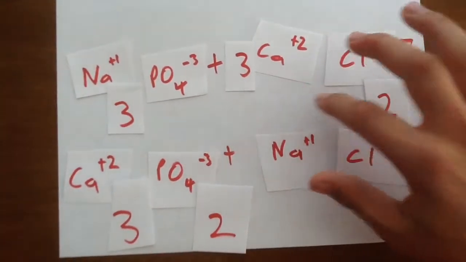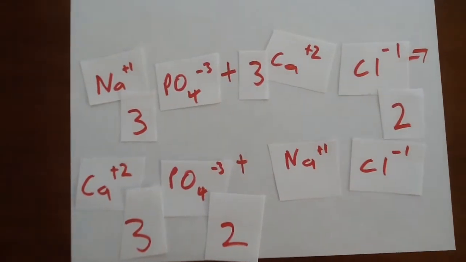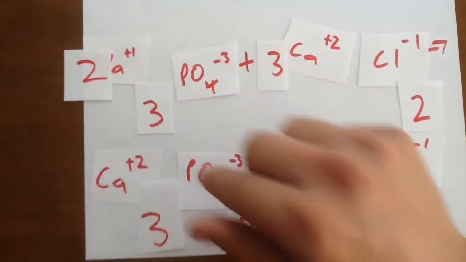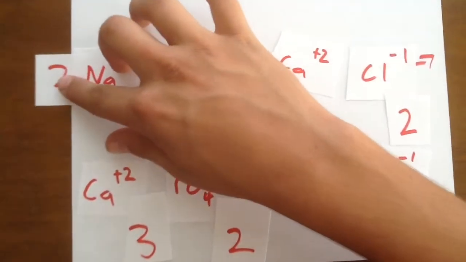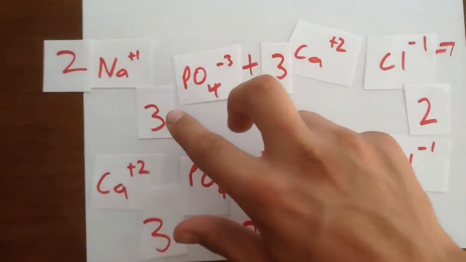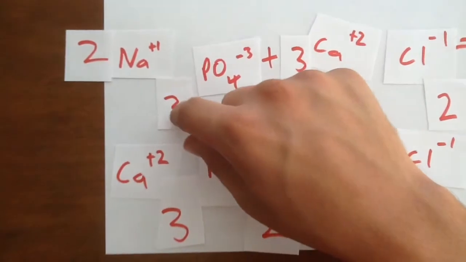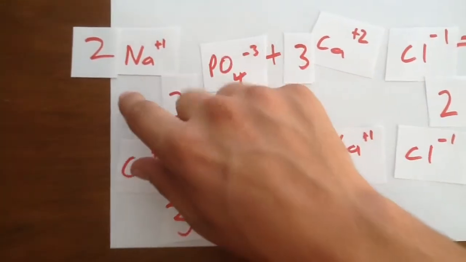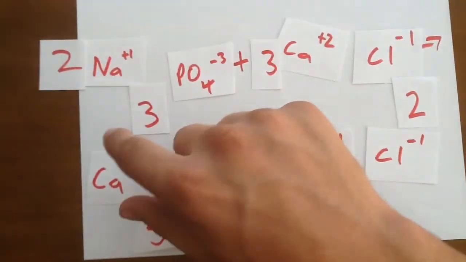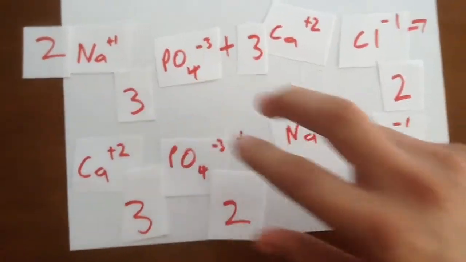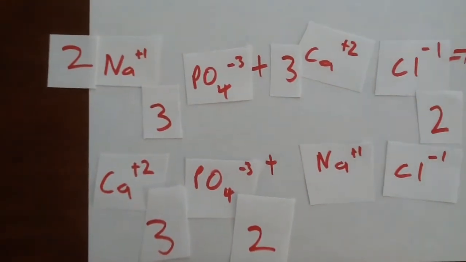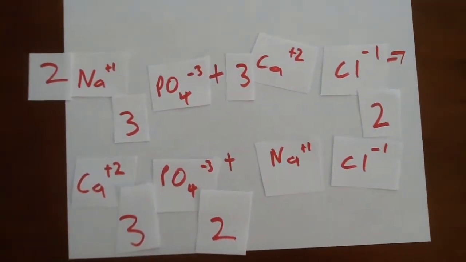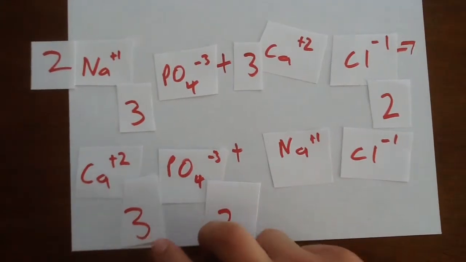So you just have three total of calcium, and then you do the same thing with sodium phosphate, because sodium phosphate is already balanced because it's 3 times 1 plus -3 equals 0. So you just add 2 of those rather than changing the subscript in order to get the right amount that you need in the second half.